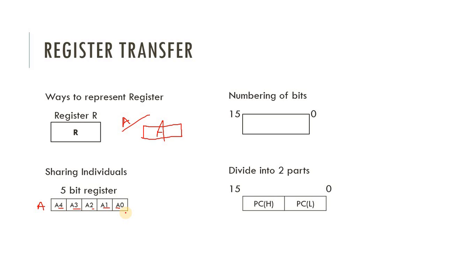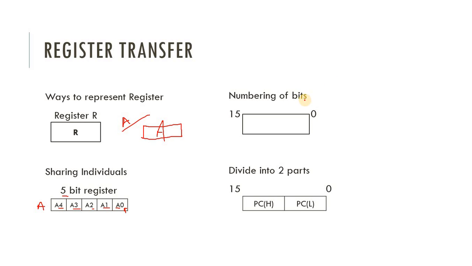Make sure that the register starts with index value 0, and for a 5-bit register, the last value is n-1, which means 4. This is how we represent it by showing individual bits.